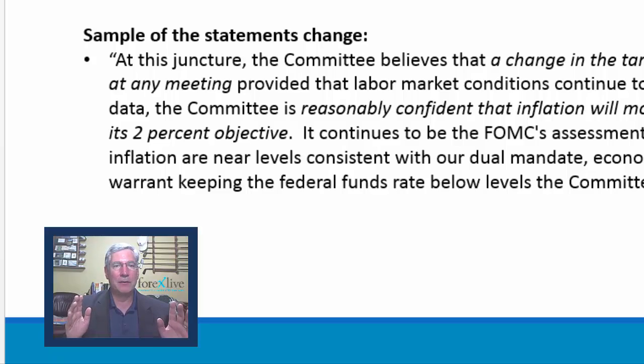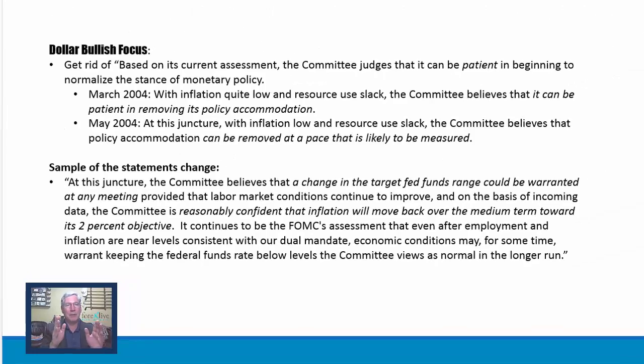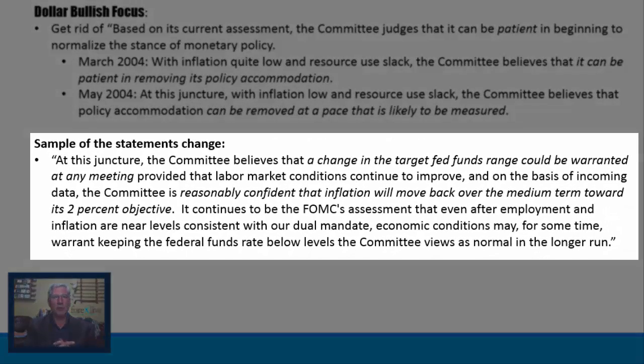So what is the Fed going to change the statement to read? I think it's going to be something like this: at this juncture, the committee believes that a change in the target Fed funds range could be warranted at any meeting, provided that labor market conditions continue to improve. I think they expect that to happen, by the way.